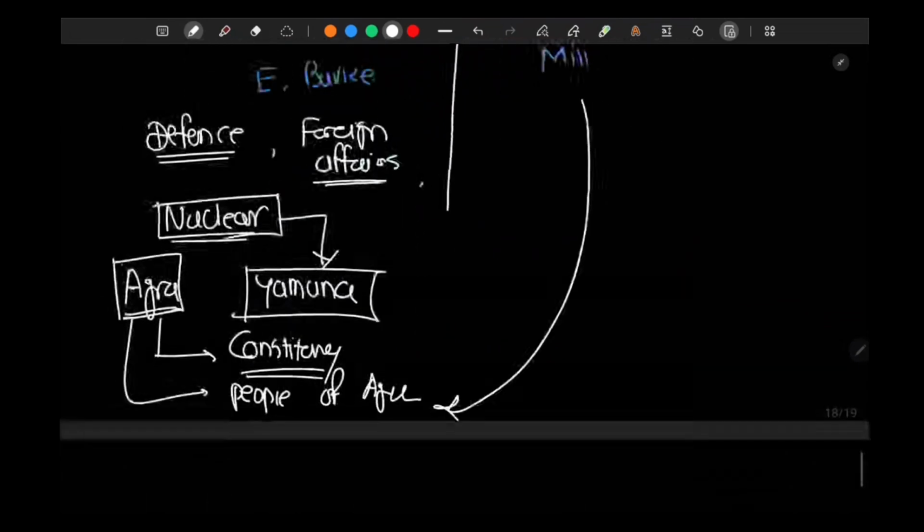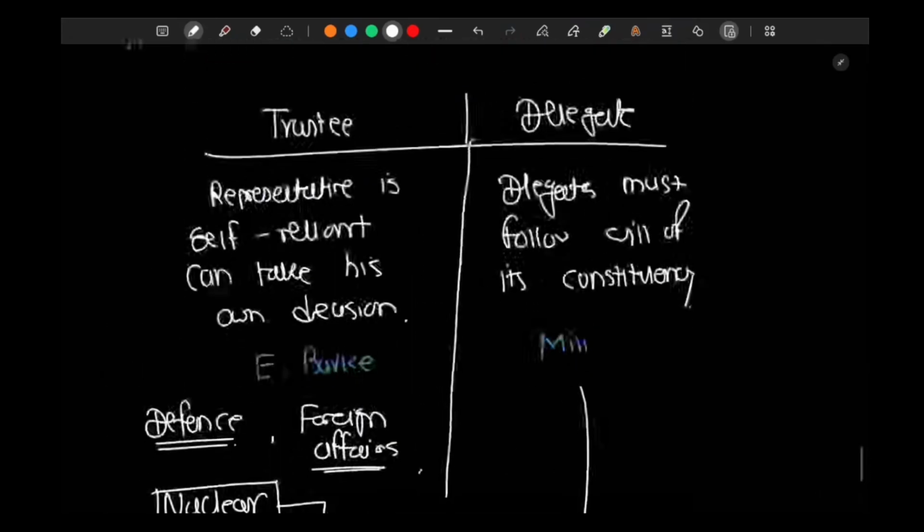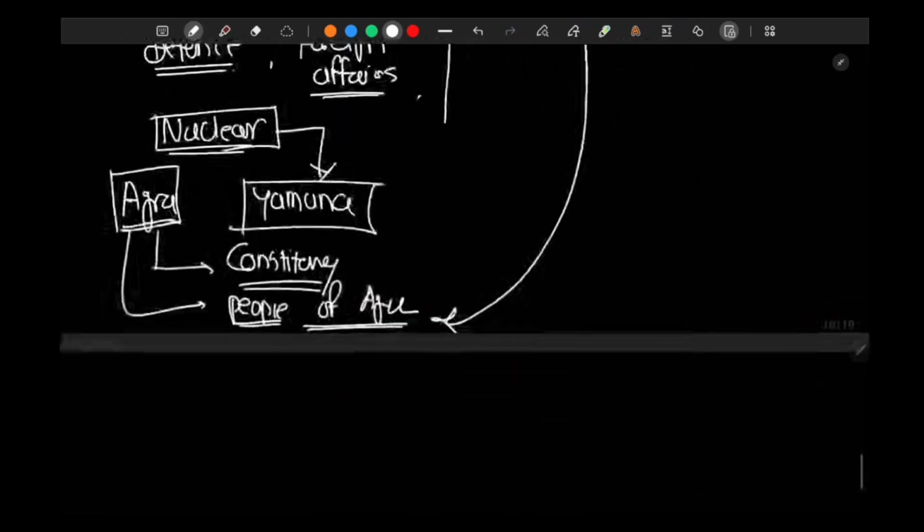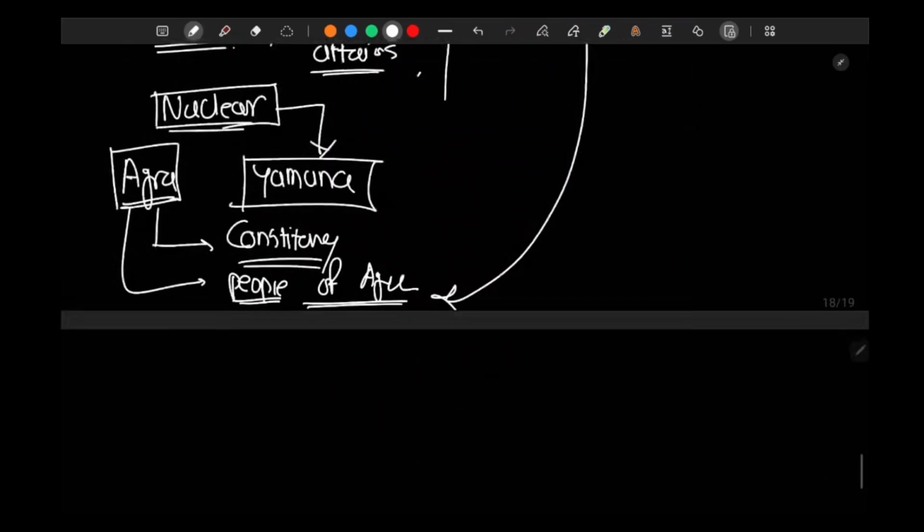If we go by delegate model, the MP from Agra should follow the will of people of Agra who say that the nuclear power plant should not be set up, right? But if we go by Burke's model, the trustee model, the MP should say yes to the nuclear power plant. Why?